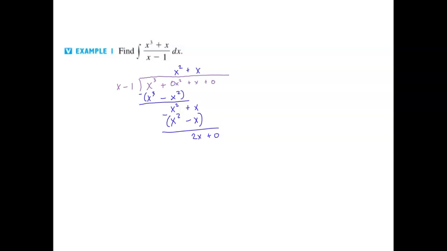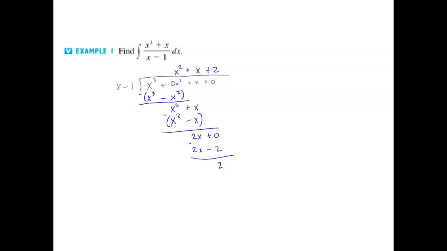So again, we're focused on my lead term in the divisor. What do I need to multiply x by to get 2x? 2. Positive 2, so plus 2. Take that piece of the quotient, multiply it back by the divisor. We get 2x minus 2, subtract. We get 2.